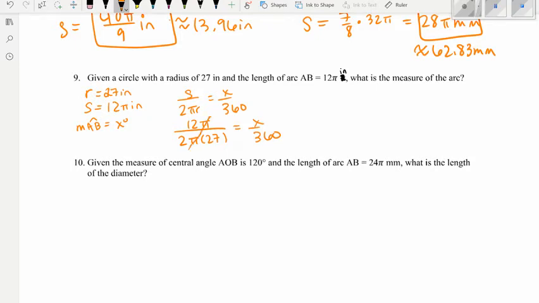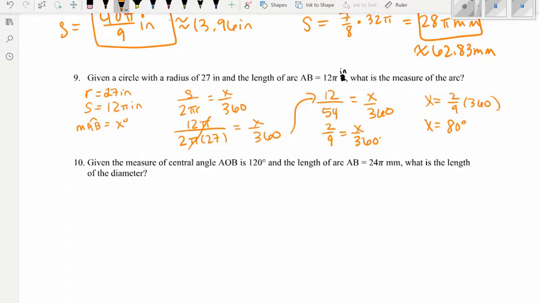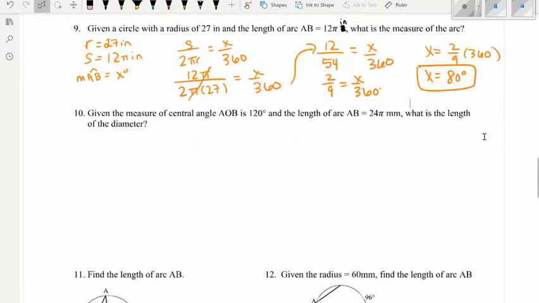So this would give us 12 over 54 equals x over 360. And we can reduce that to 2/9 equals x over 360. So then we are just multiplying 2/9 by 360 to solve for x. So x is equal to 2/9 times 360, which ends up giving us x is equal to 80 degrees. So the measure of arc AB would be equal to 80 degrees.